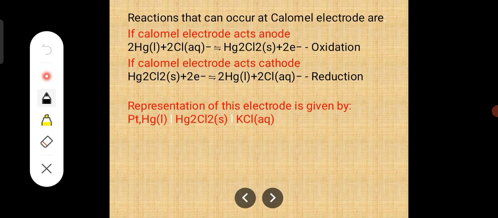See the general reactions of the calomel electrode.